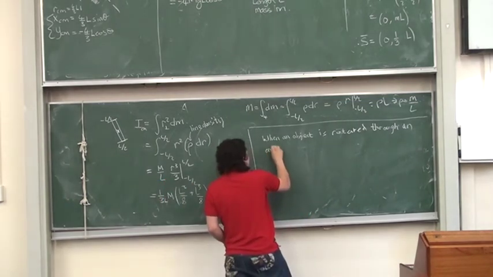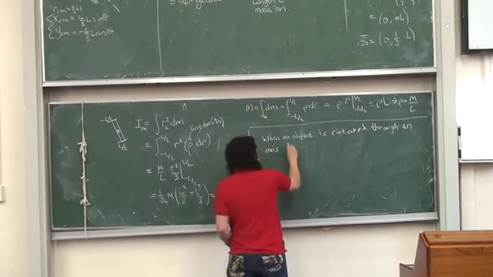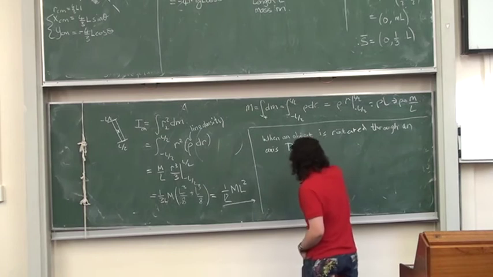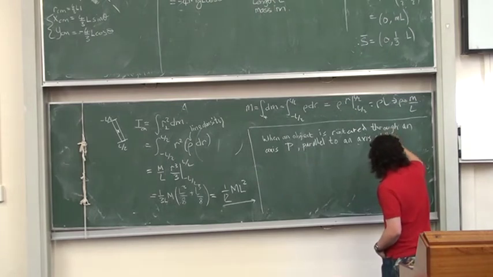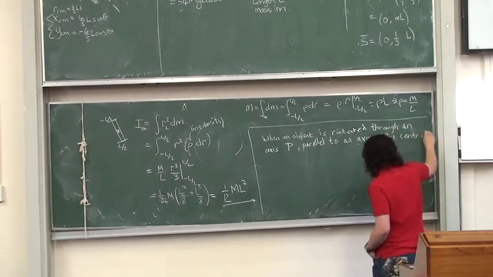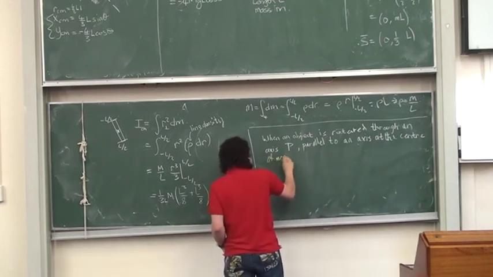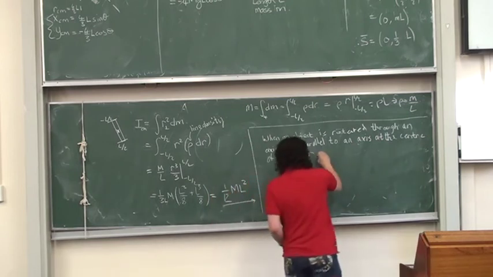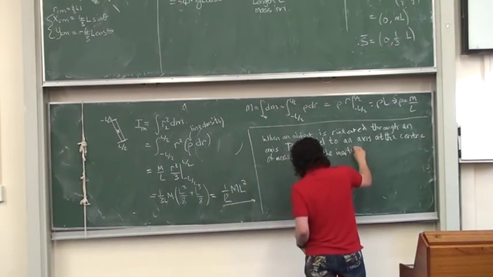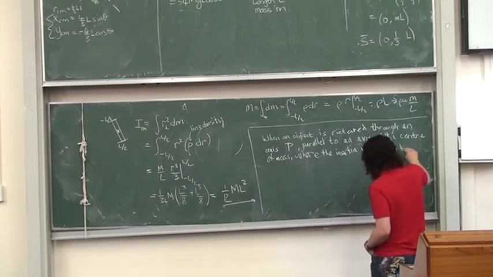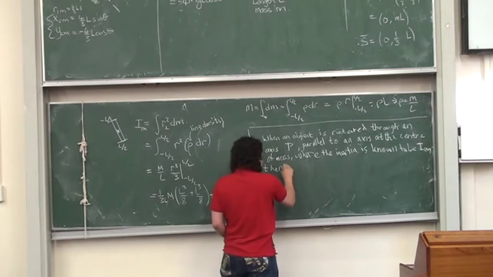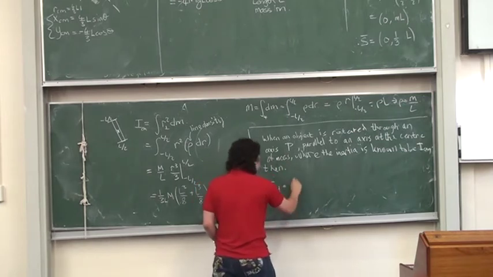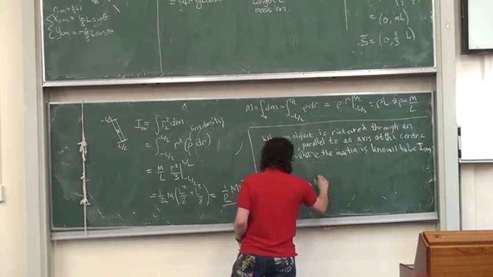Through an axis at point P that is parallel to an axis at the center of mass where the inertia is known to be I_M, then I at distance d is equal to I_M plus the mass of the object times d squared.